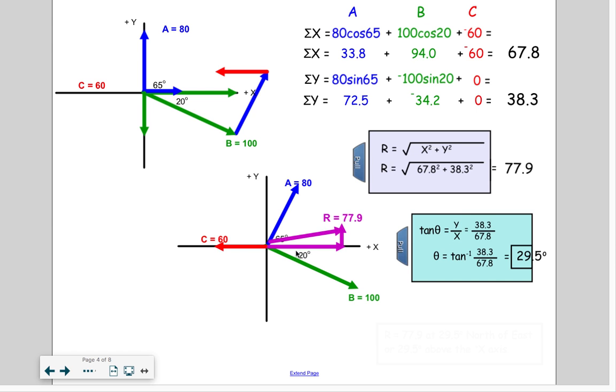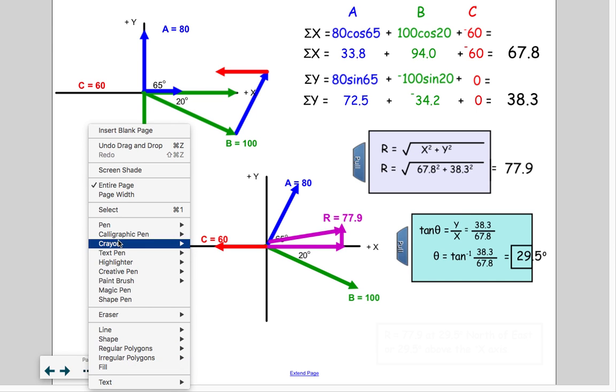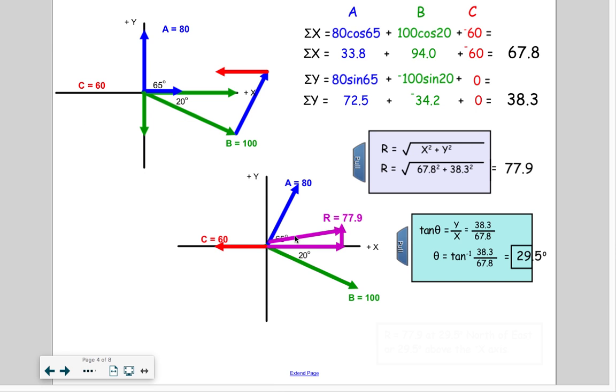And in this case, the angle that I'd be using, let me go ahead and fill it in with the purple pen, would be down in here, and that's because this is from where I started, so I started down here. So then if that's my angle, my opposite side is going to be my 38.3. My adjacent side is going to be my 67.8. Remember from here, in case I need to get rid of tangent, just like if I was doing an additive inverse or multiplicative inverse, I need to take an inverse tangent of both sides.